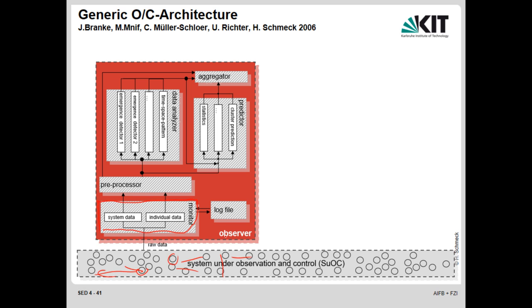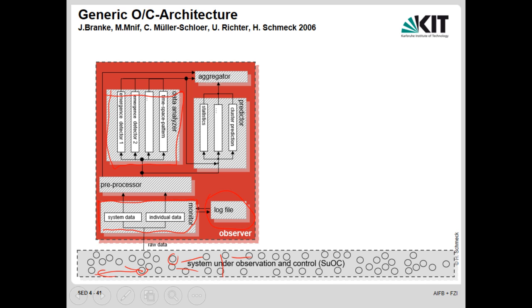Then you have to store what has been monitored, and you need a preprocessor, for example, to repair certain outliers or do some cleaning operations, filter out certain data, and then you analyze what's going on in the system.